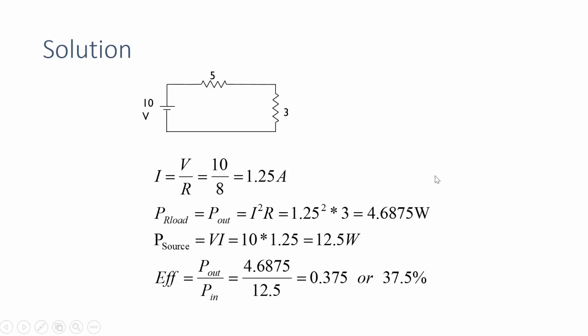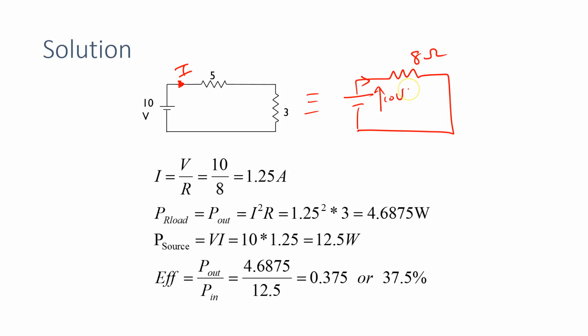So what is the current supplied by the source? And we could use our simple circuit analysis. So we could reduce this to a single resistance of 8 ohms, and we have 10 volts. So the current is simply 10 over 8, which is 1.25 amps.